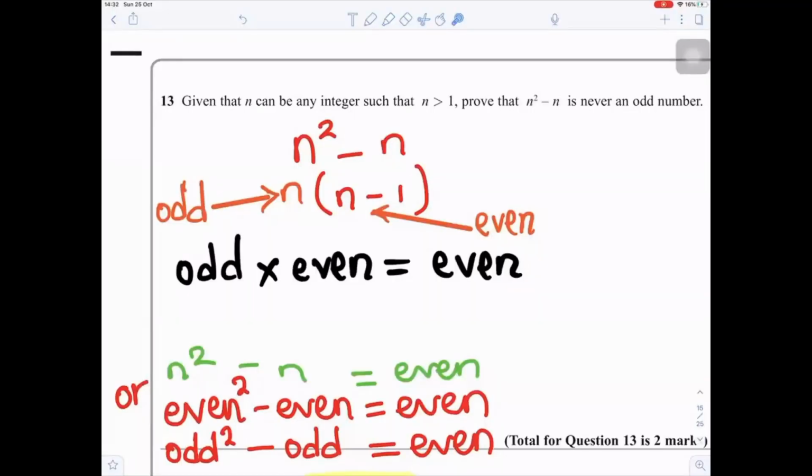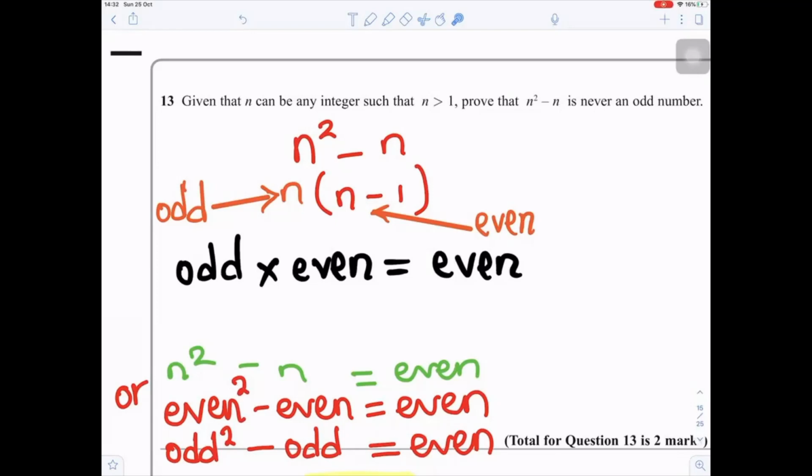Question number 13. Given that n can be any integer such that n is bigger than 1, prove that n squared minus n is never an odd number. N squared minus n. If you factorize, n bracket n minus 1.